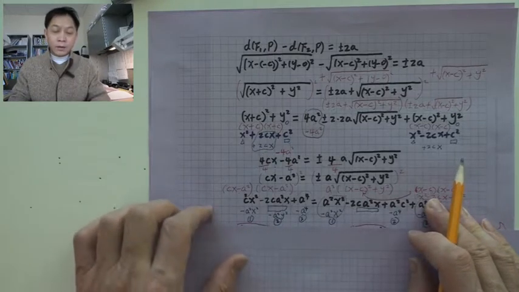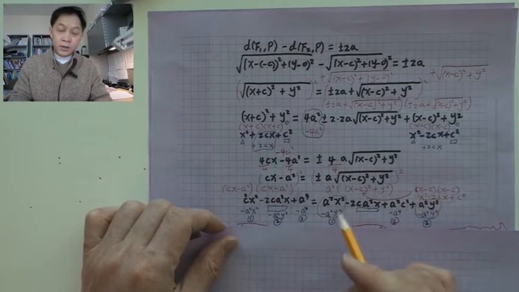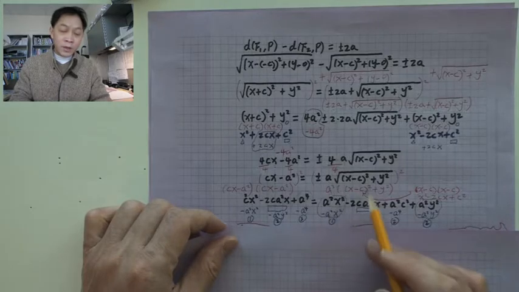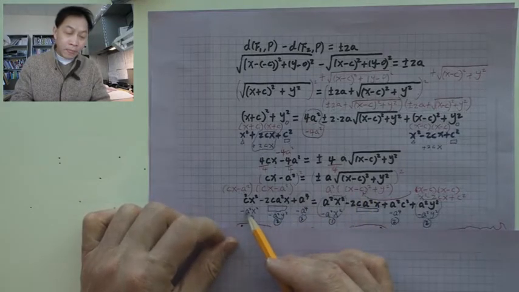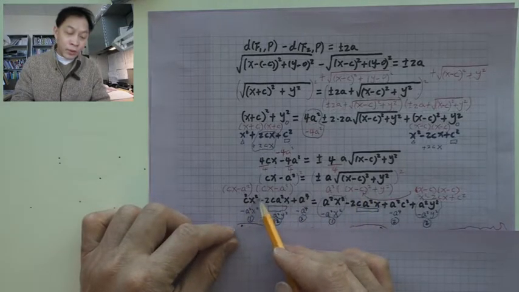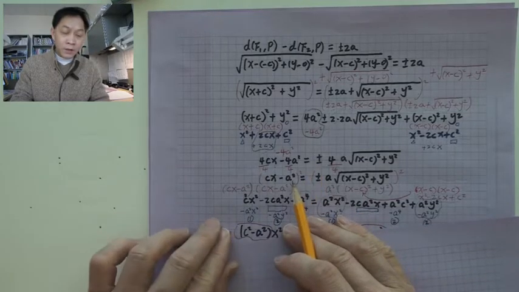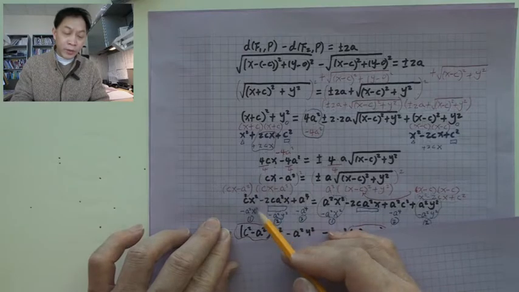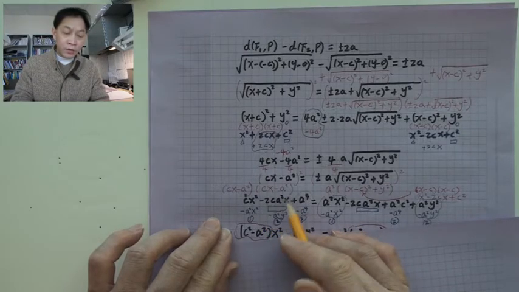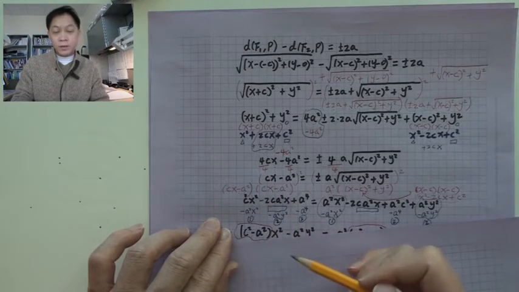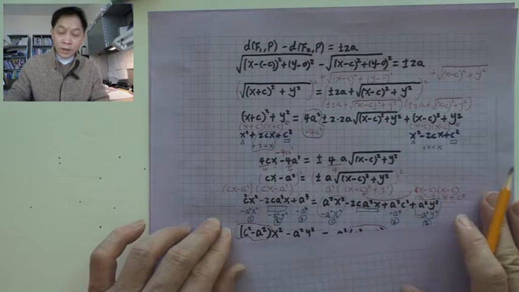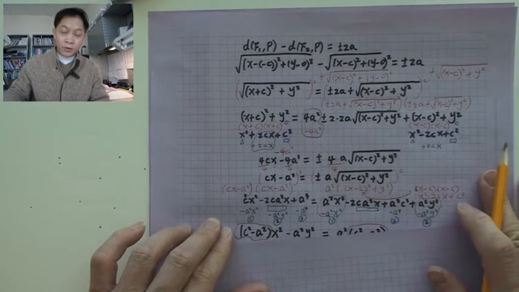Okay, now look, these two cancel each other, so we have c squared x squared minus a squared x squared. That's this one. You pull x squared out, so you then have x squared times c squared minus a squared. The second one is this.